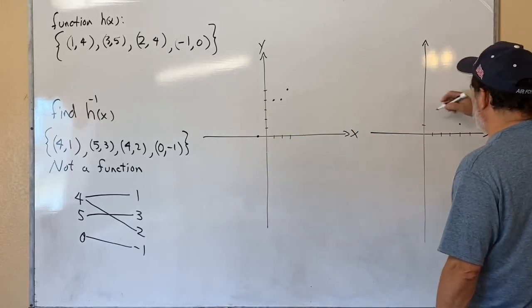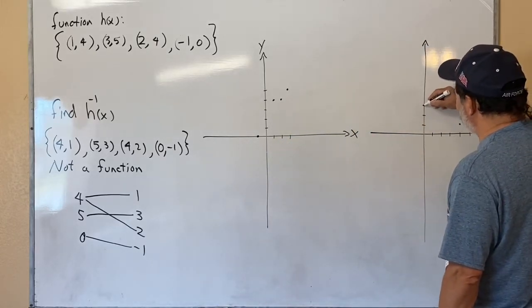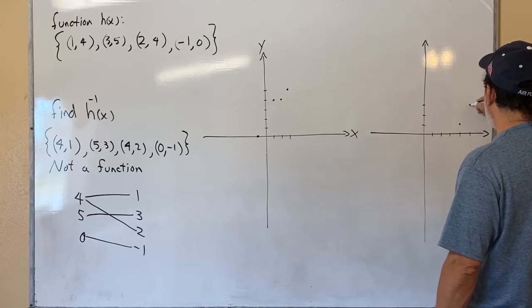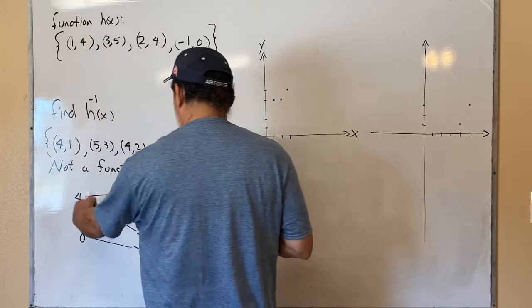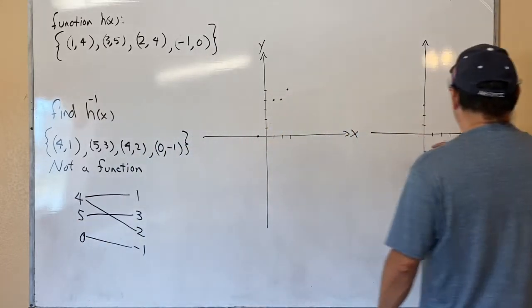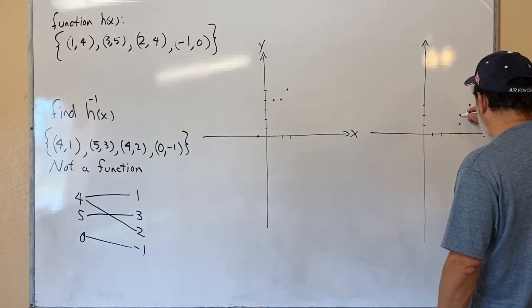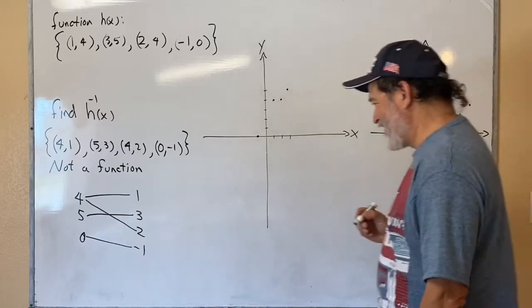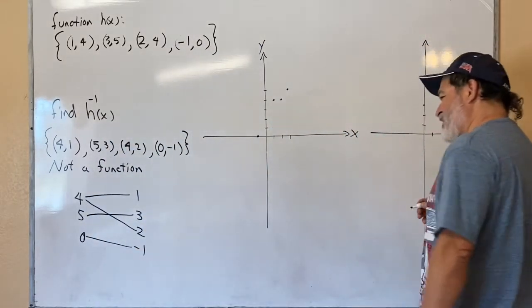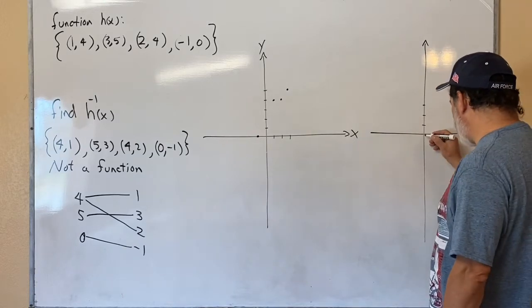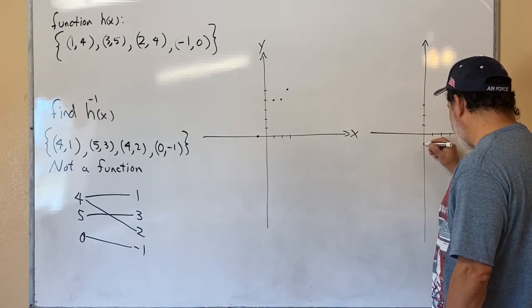Okay. 4 paired with 2 right there. Uh-oh. And then 0 paired with -1 right there.